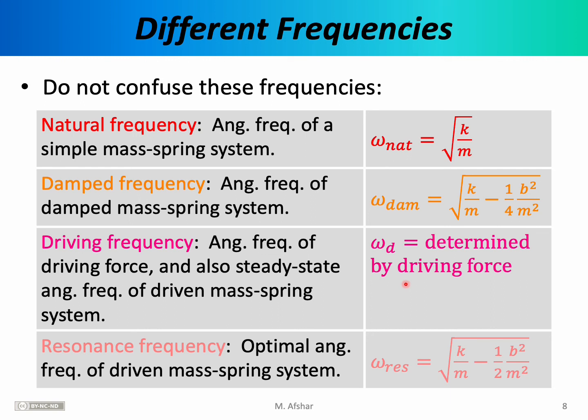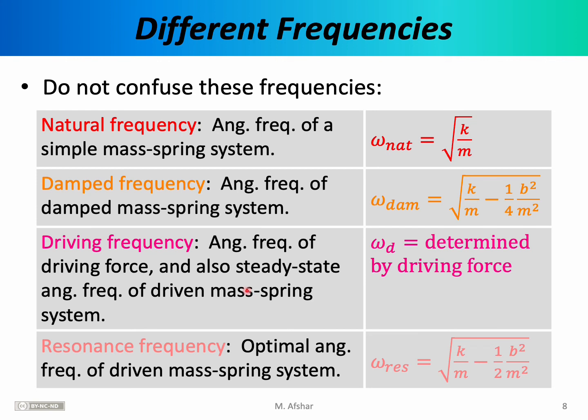If a wheel is attached to a spring, which is then attached to a block, the wheel is driving the block. In that case, the angular speed of the wheel determines the angular frequency of the driving force.